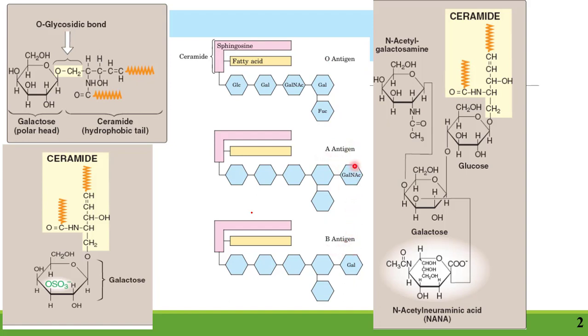They have a simple monosaccharide in addition to the backbone of this carbohydrate chain. For A antigen, we have an N-acetylgalactosamine. For B antigen, we have a galactose, and for AB antigen, we have both of them.